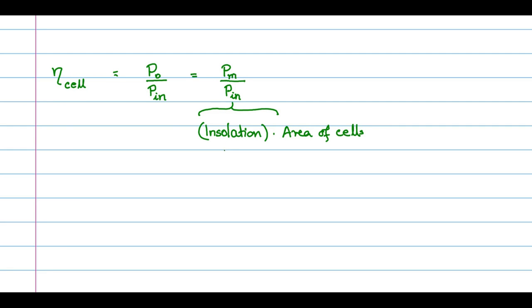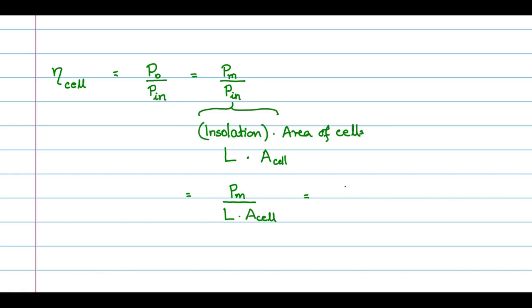We shall use the symbol L for insolation into the area of the cells, which is area cell, and therefore after substituting, PM divided by L into the area of the cells will give you the input incident power.